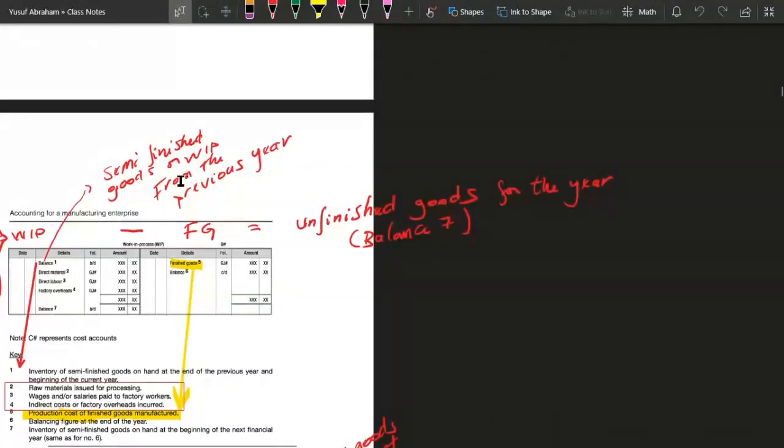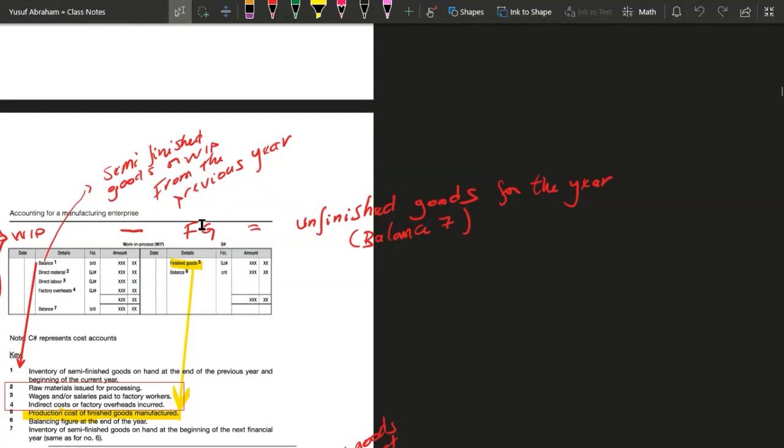It means that they were not able to finish the production of these things last year. So we need to finish them when? This year. So whatever was left last year is going to be taken into account this year. But this time we are not talking about product, we are talking about semi-finished good. I hope that's clear, right?